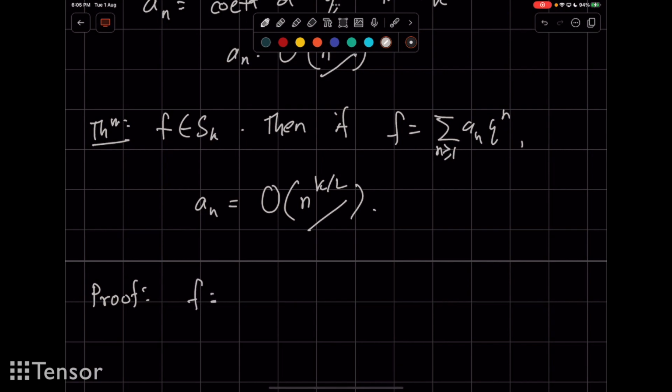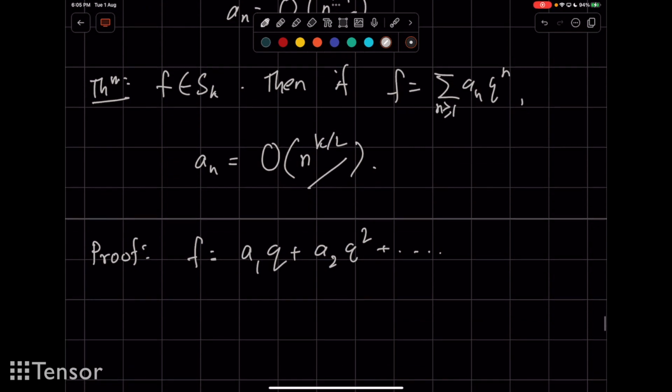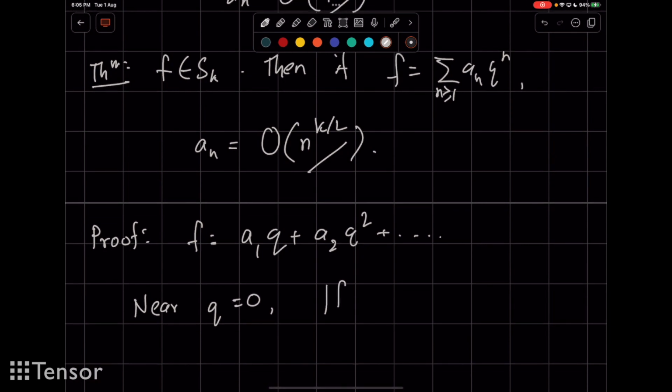So f is like this, a1q plus a2q squared plus so on, right? So near q equals 0, we have that f of q is of order q, because if q is very small, the latter coefficients get really small.